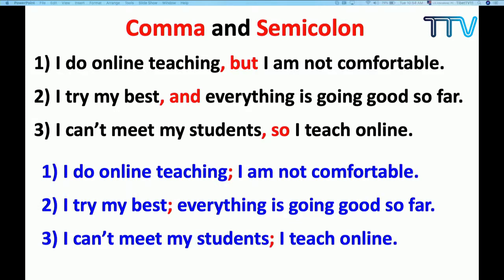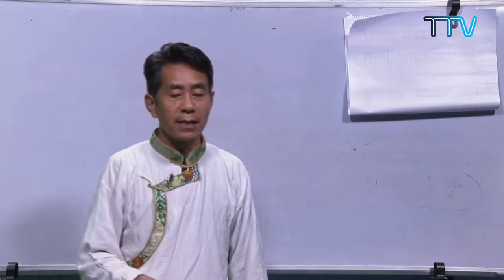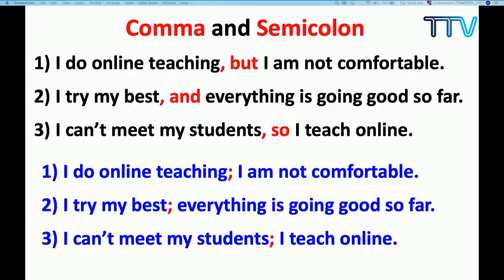Now, semicolon. If we want to use a semicolon, then we can omit the connector. For example, just look at the same sentence where I have used the semicolon. Instead of a comma and connector, I use a semicolon only. I do online teaching; I am not comfortable.